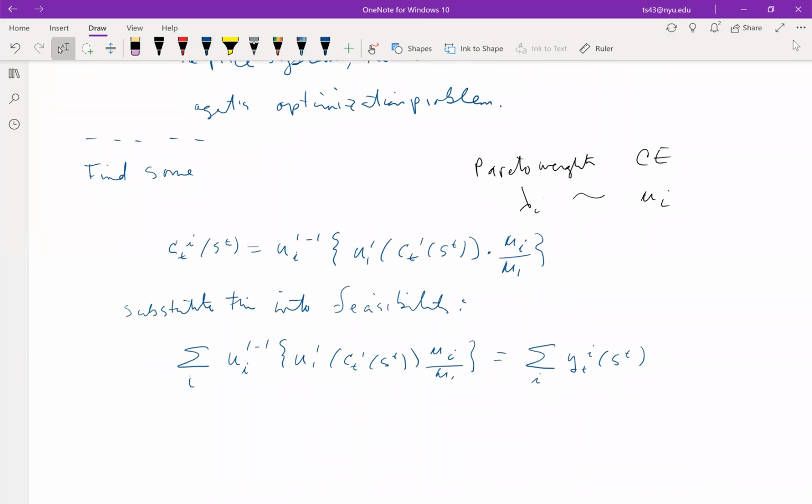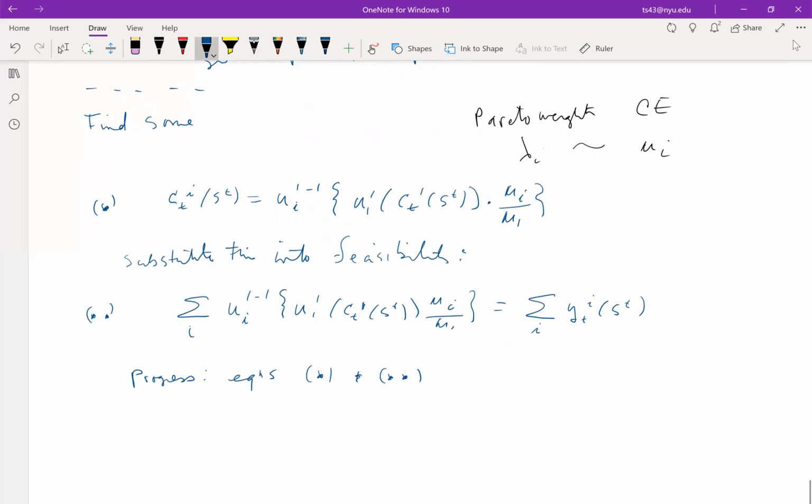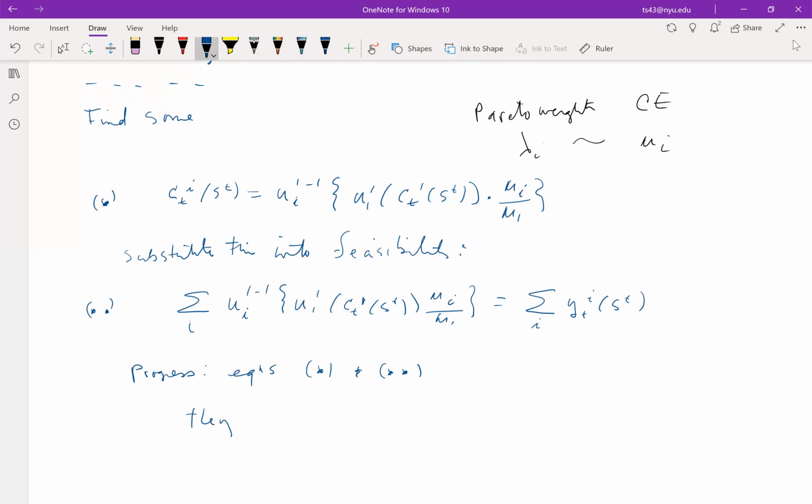Okay, so this is progress, because I can use these two equations. I'll recycle notation, these stars. Equations star and star, we're going to stare at them. They determine an allocation.